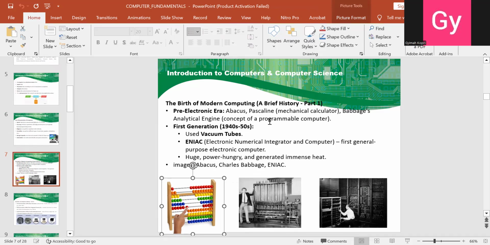Then we go to the Pascaline mechanical calculator. All these were mechanical devices for doing calculations. Then the Babbage analytical machine, which is the middle one, was operated with mechanical strength. Somebody had to stand there and rotate some wheels.